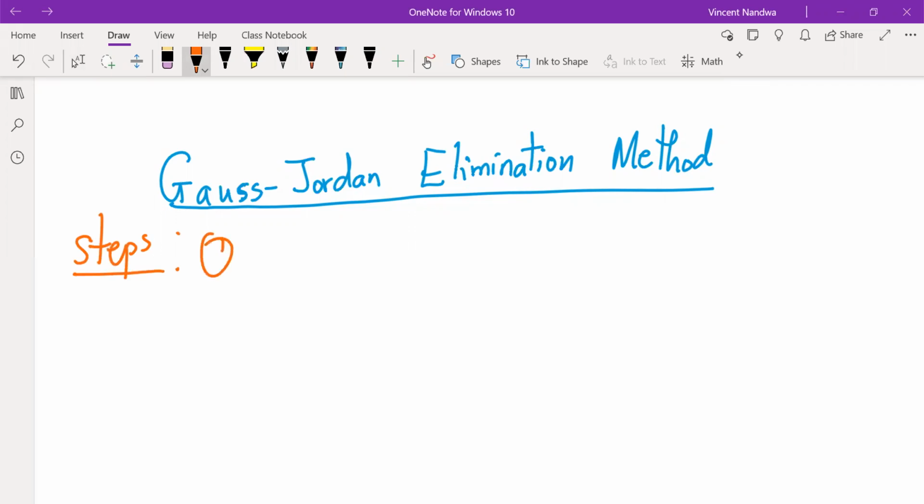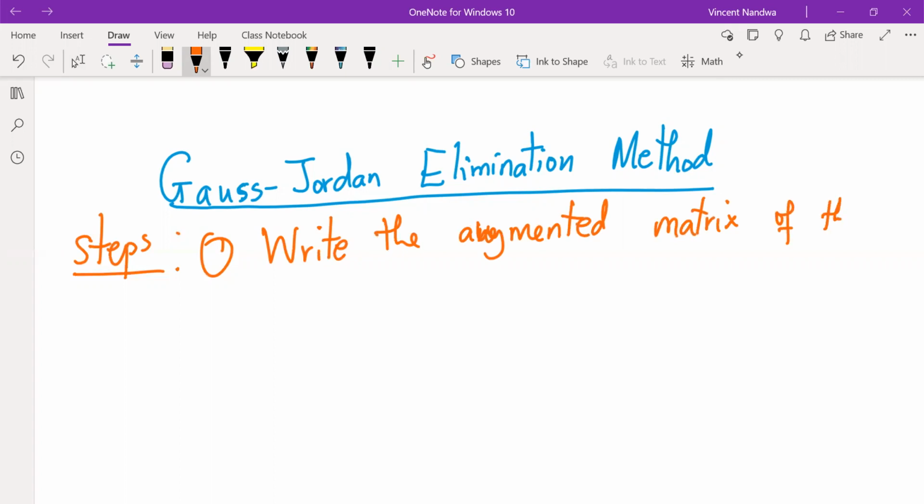1. Write the augmented matrix of the system of linear equations. So the first step, write the augmented matrix of the system of linear equations given.